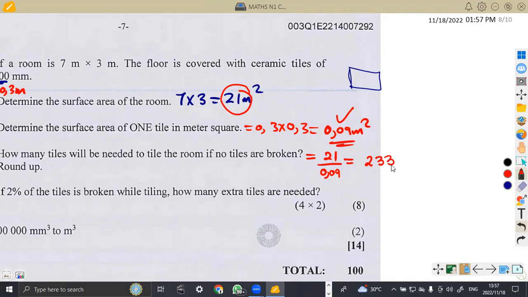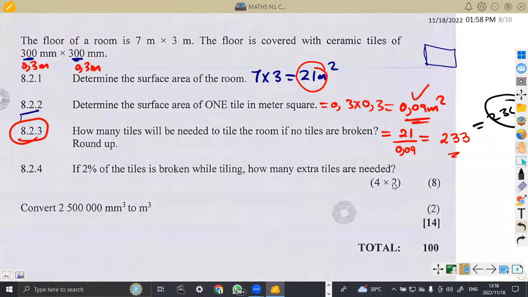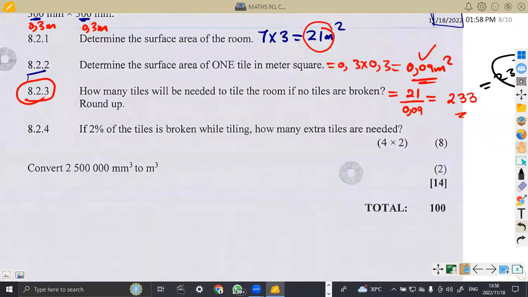So if no tile are broken, the decimal that we have there is supposed to give us an extra tile, because there is going to be a space that is left out, and that means 234 now.